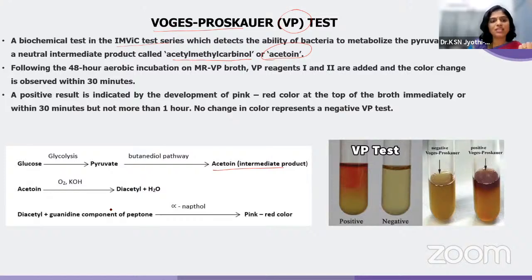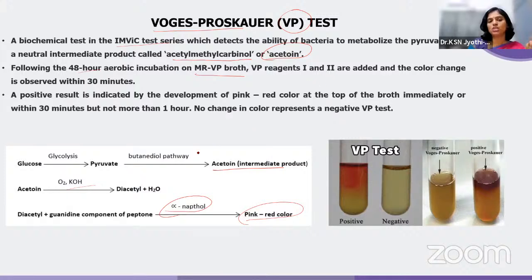Now, when it further combines with a variety of reagents, like when I add alpha naphthol and potassium hydroxide, it will give rise to a pink red color. So in that bacteria, when they are specifically grown in this particular broth, that is MRVP broth, for 48 hours, you allow it to undergo aerobic respiration.